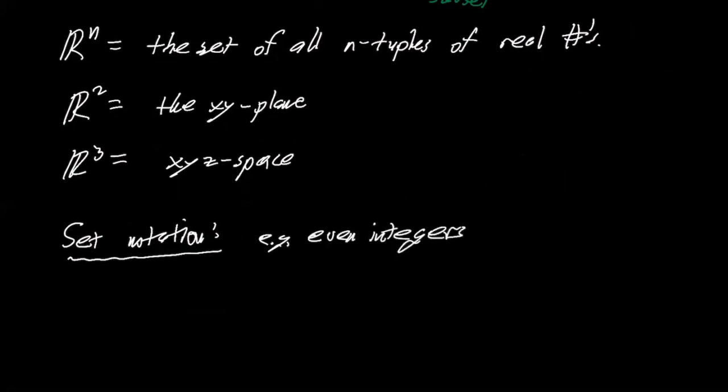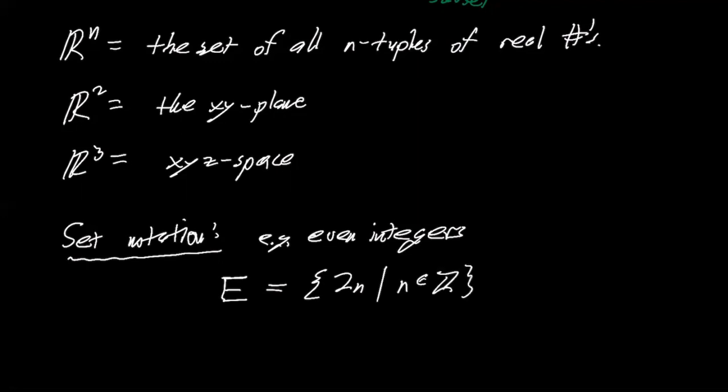Let's just call it E. So E is the set of even integers. Here's a way to write it. You could write it as something like the following: 2n, where n is an element of Z.